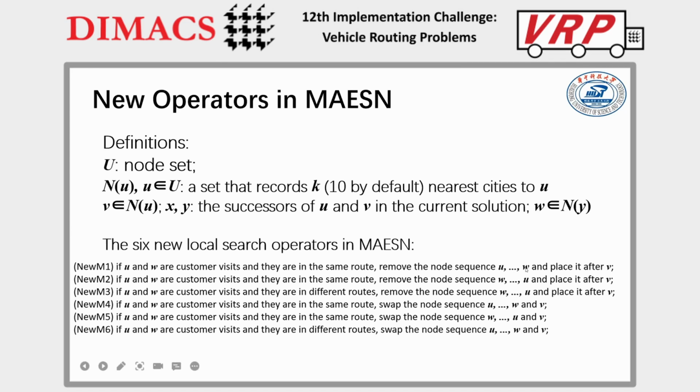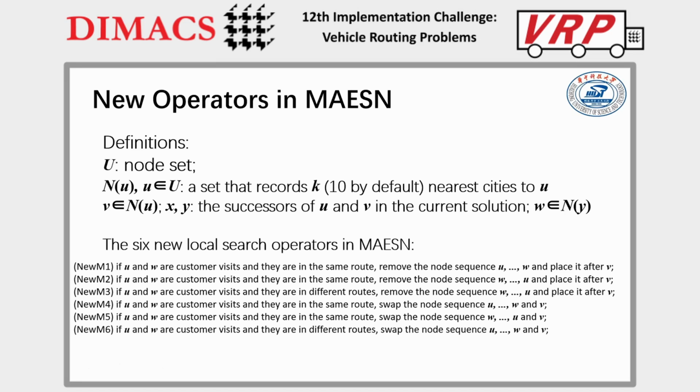These operators can all perform on a sequence of cities, that is, the node sequence from U to W. This results in a larger search scope than the operators in HGS that can only perform on 1 or 2 cities.